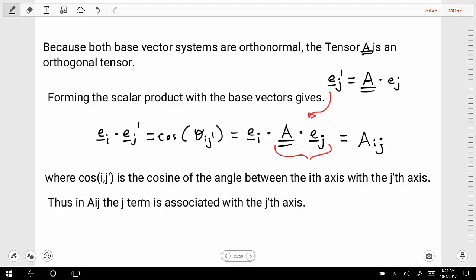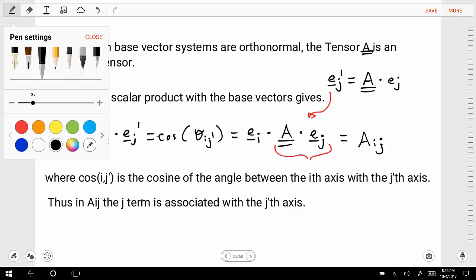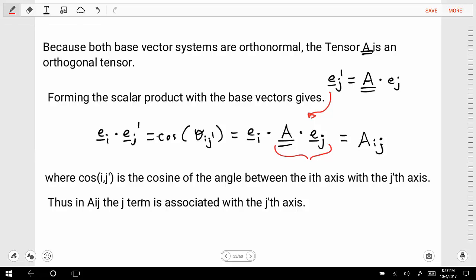Now, this cosine theta that we find, using the scalar dot product, is the angle that exists between the ith base vector and the j prime base vector. So this is actually telling us the angle of rotation from our original coordinate system to our new coordinate system, right?